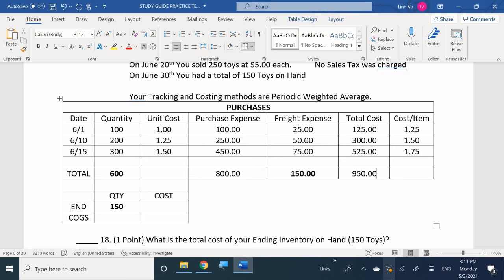$950. Now, what is the most crucial difference here that we need to solve for? The weighted average. So what is that going to be? In order to solve that, you're going to take the total cost of $950 and you're going to divide it by the 600 items.